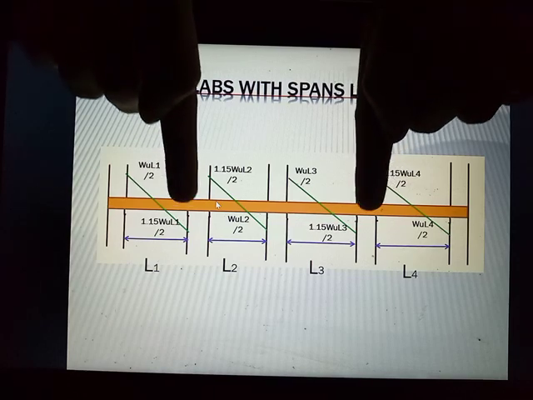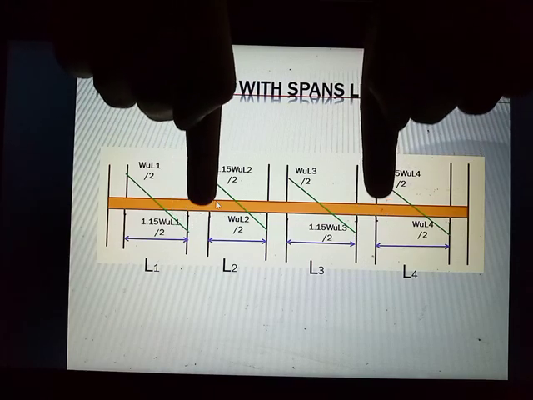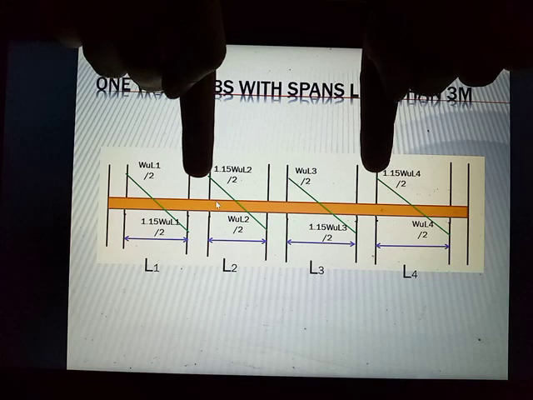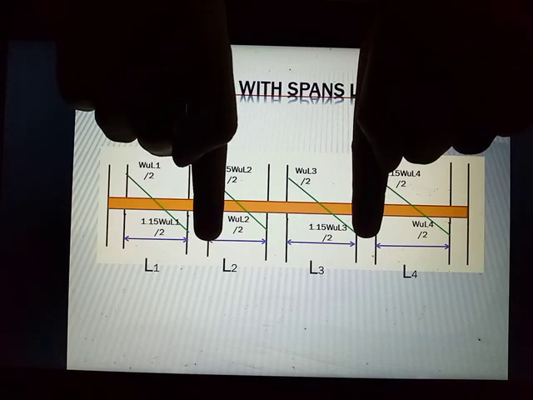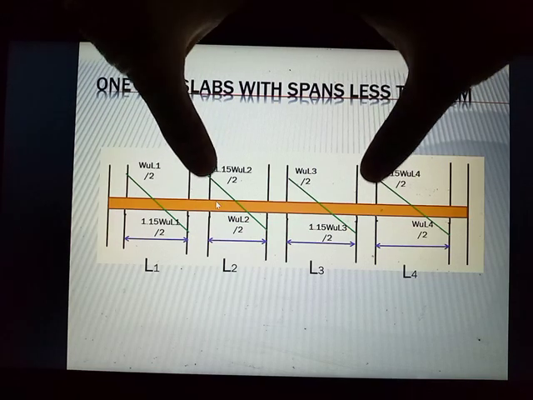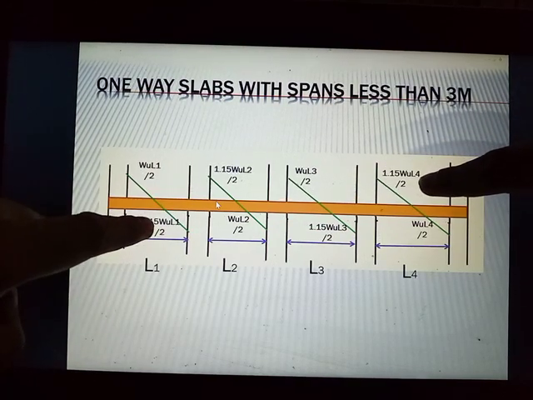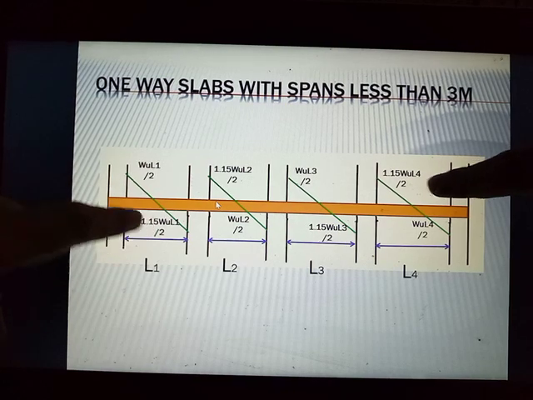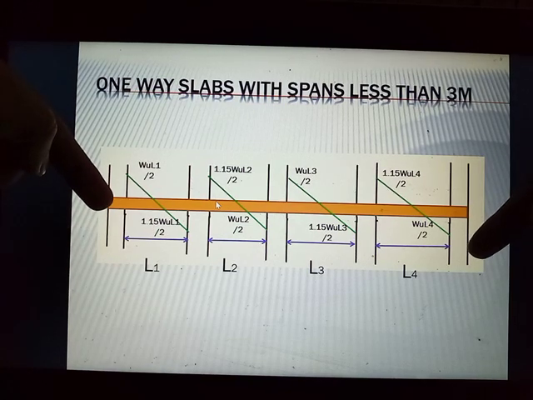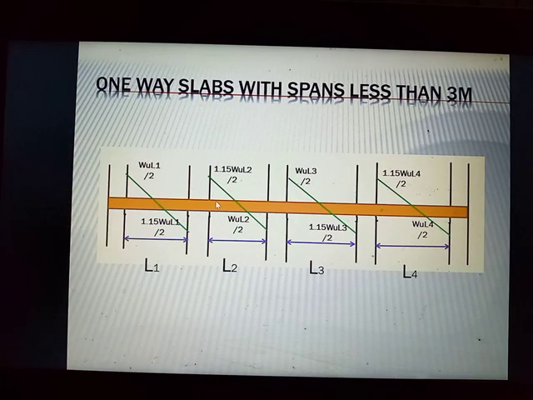The only thing that is different is the first interior supports, which are these, this one and this one: 1.15 WU ln over 2, and the rest is WU ln over 2. So that is how we use the approximate methods, approximate moments and shears for continuous beams and one-way slabs.